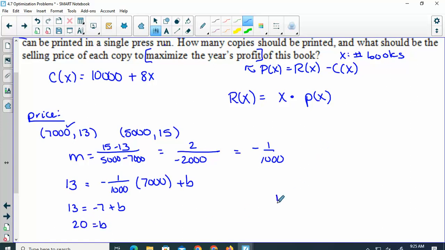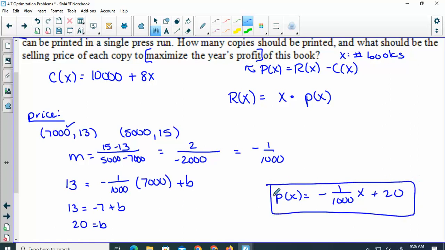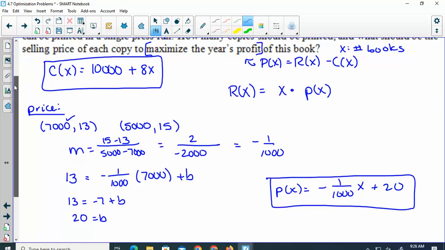So my price function is negative 1 over 1,000 x plus 20. So I have cost. I now have price.